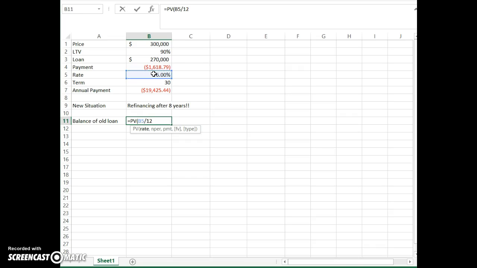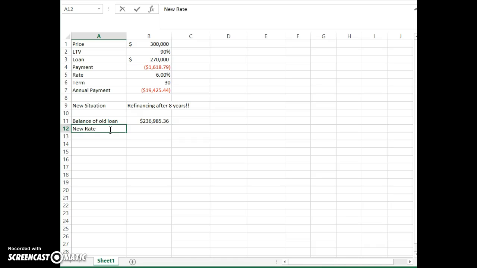Divide that by 12, comma, open parentheses, 30 minus 8, times 12, comma, the payment, close parentheses, enter. And you get $236,985.36.